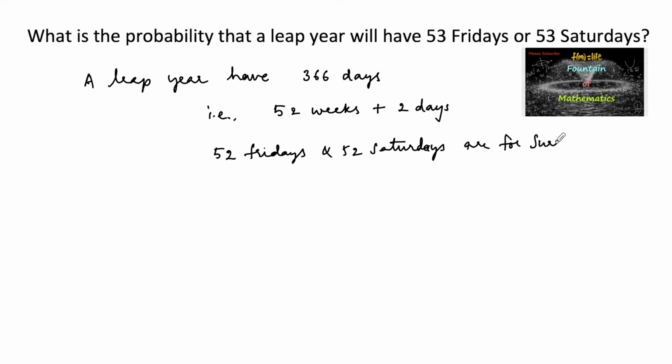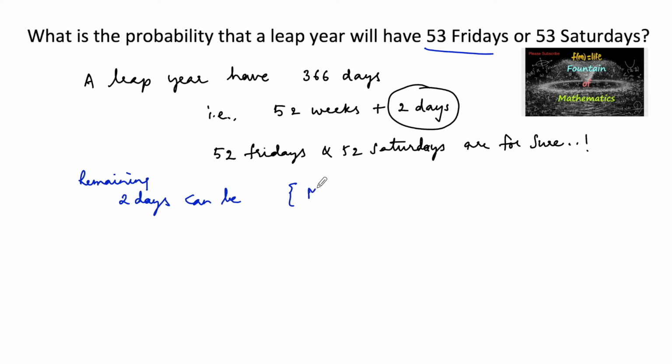Then remaining 2 days, since we require 53 Fridays or 53 Saturdays, the remaining 2 days can be either Monday Tuesday, or Tuesday Wednesday, or Wednesday Thursday, or Thursday Friday, or Friday Saturday, or Saturday Sunday, or Sunday Monday.